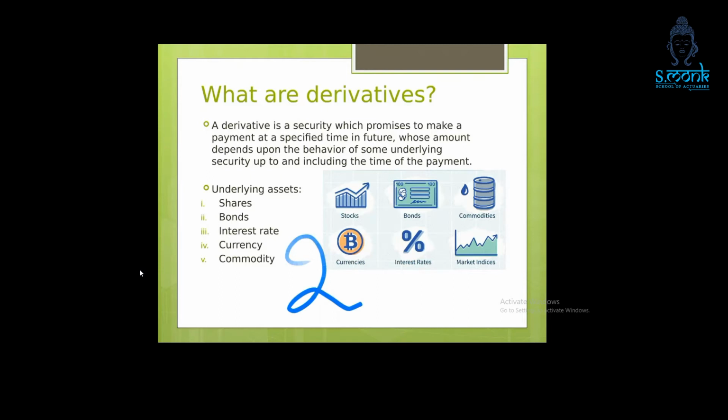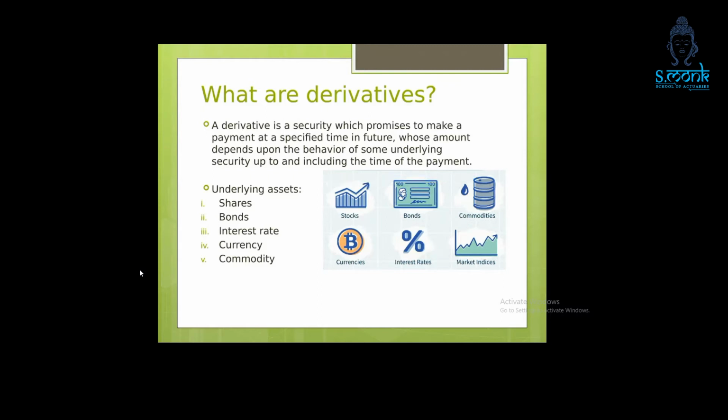So, putting it all in one statement, a derivative is defined as a security or a contract which promises to make a payment at a specified time in the future, whose amount depends upon the behavior of some underlying security up to and including the time of the payment. So, the change in the price of the underlying after the expiry of the contract does not affect the value of the derivative. That's quite obvious, isn't it?